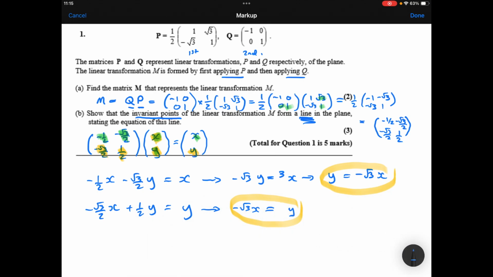So I'm just going to write a conclusion here. Same equation. Therefore, line of invariant points is y equals minus root 3 x.